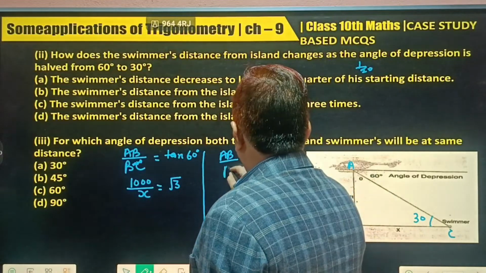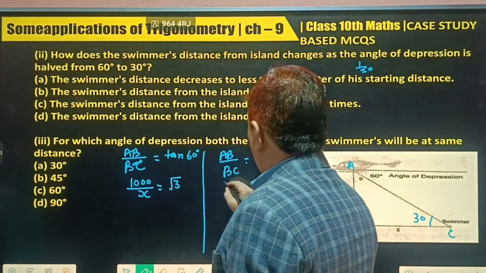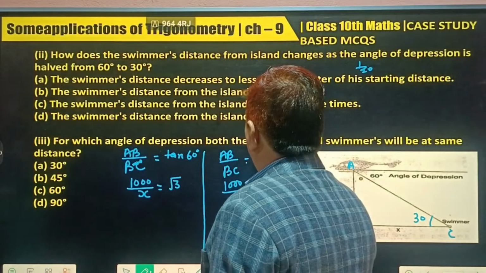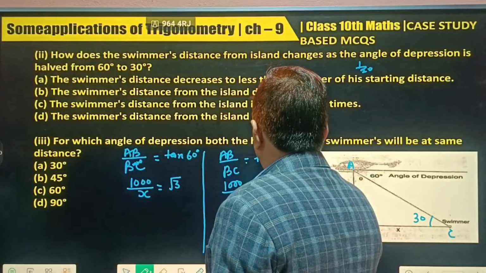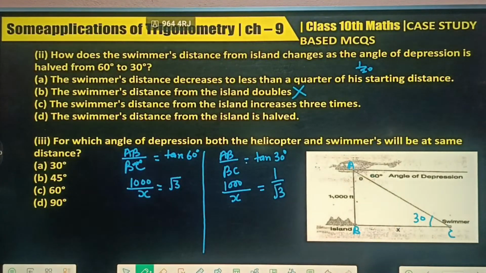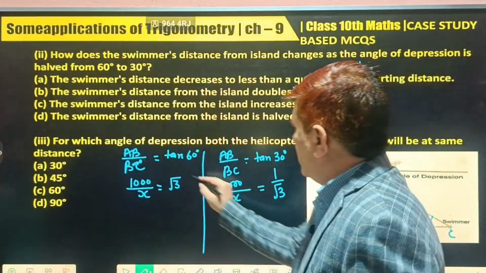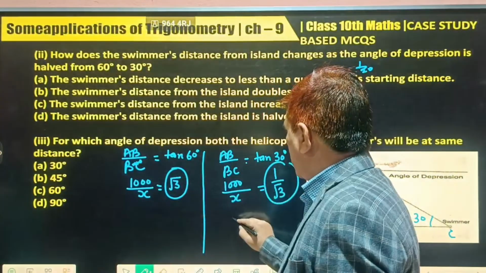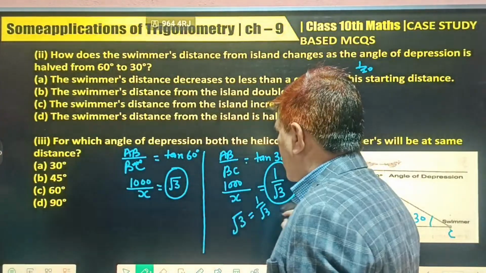AB by BC is equal to tangent 30 degree, so 1000 by X is equal to 1 by root 3. Distance increases or decreases? If you compare these two, the right hand sides are both equal, so under root 3 is equal to 1 by under root 3. So bring this to that side.